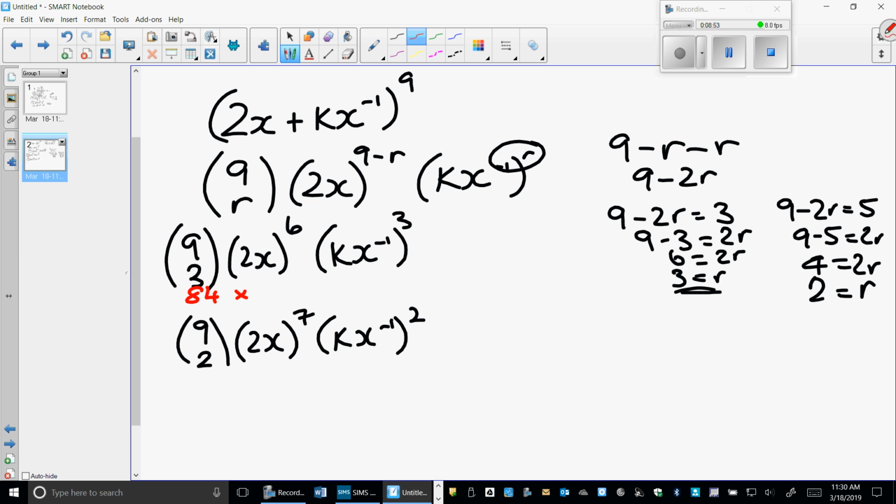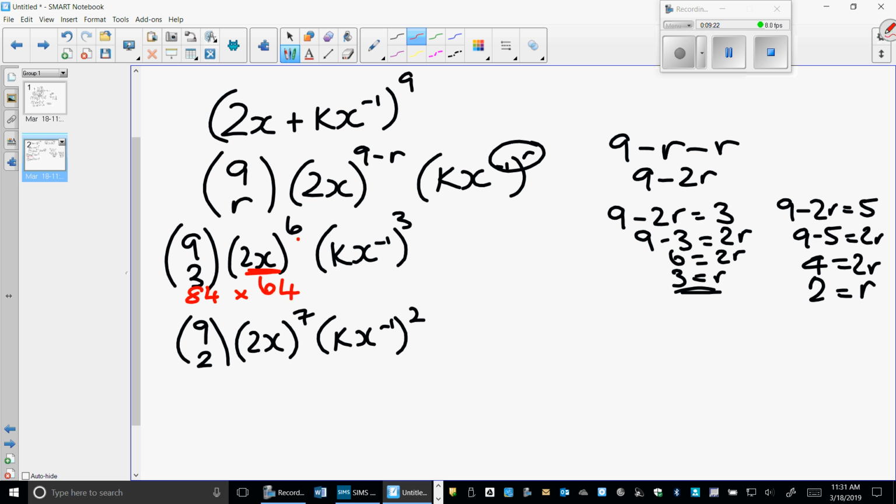Wait, 2 to the power 6. Yes, because we've got 2x all to the power of 6. 64? That sounds right. I think it's a 64. 2 to the 3 is 8, 2 to the 4 is 16, so 2 to the 6 is 64.